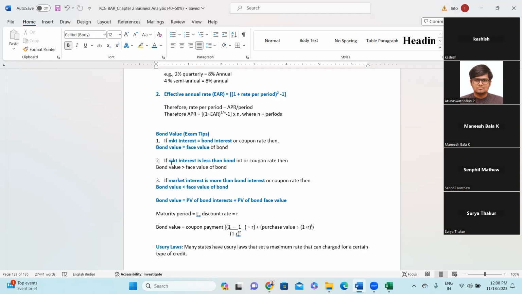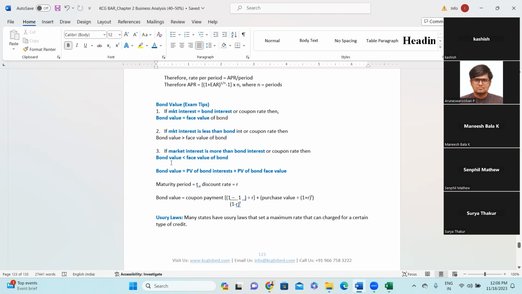Therefore, rate per period is equal to APR divided by the number of periods, right? And APR is equal to ((1 plus EAR) to the power 1/n minus 1) multiplied by n, where n is the number of periods. So these are formulas. I don't see the formulas being tested in exams, but you should be aware of them.